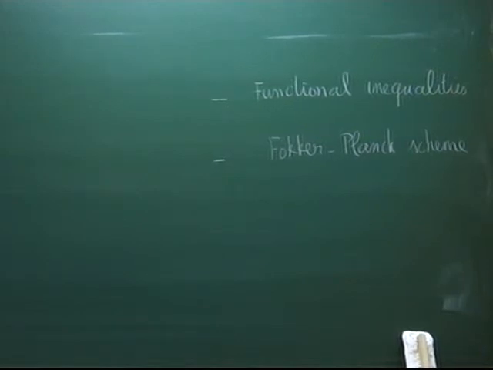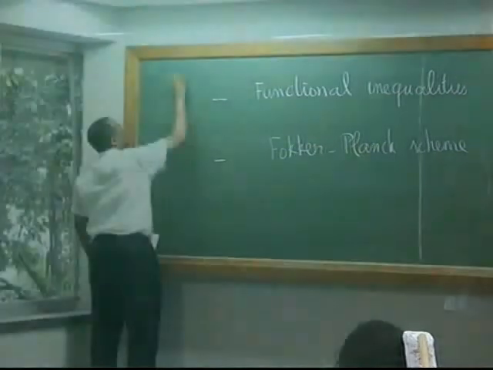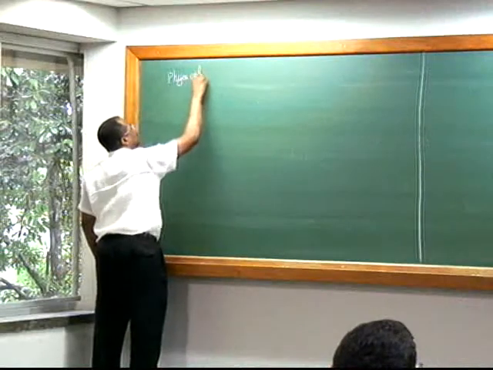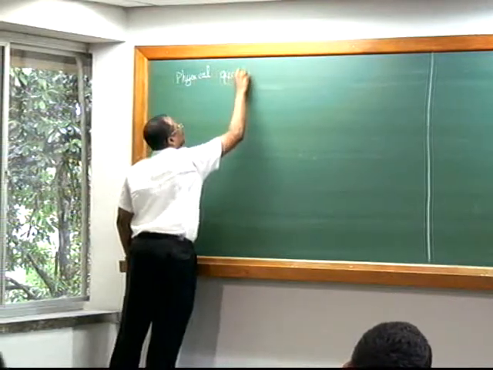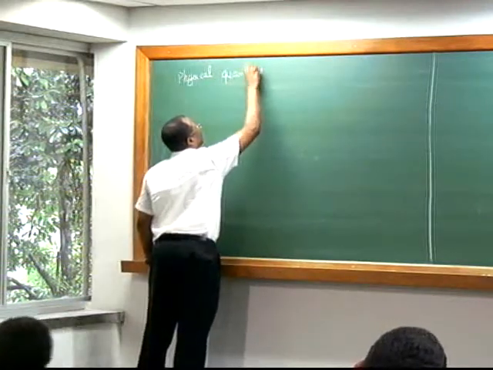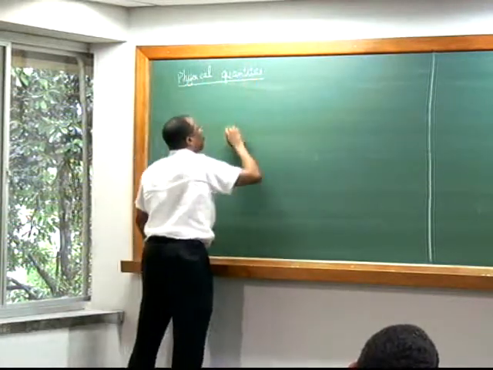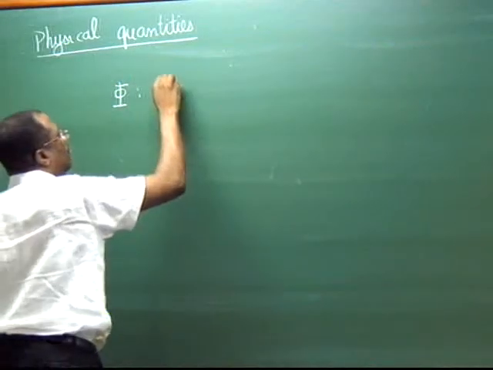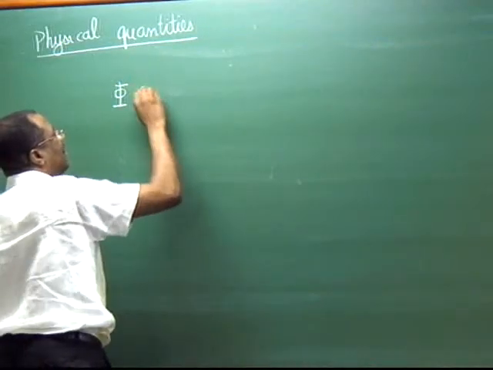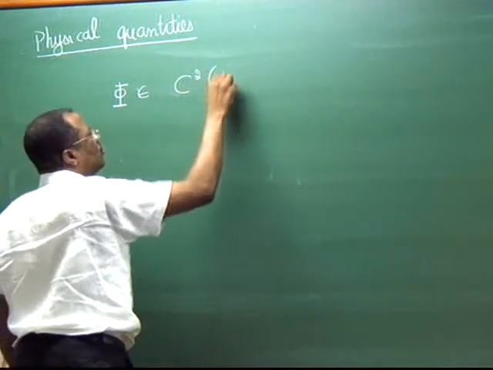So let me start with some physical quantities. Assume you have a potential phi from R^d to R, say of class C2.